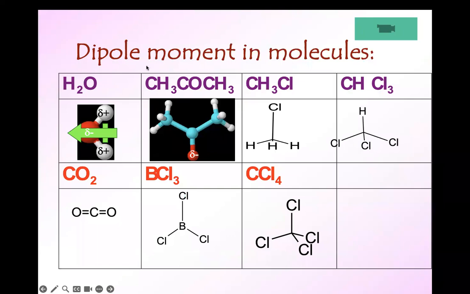So you may search for some information about the dipole moment. And for another example, oxygen is delta negative, so the overall one will be going down. The dipole moment is just the overall shifting of the electrons. But you may search about that information by yourself if you are really interested.